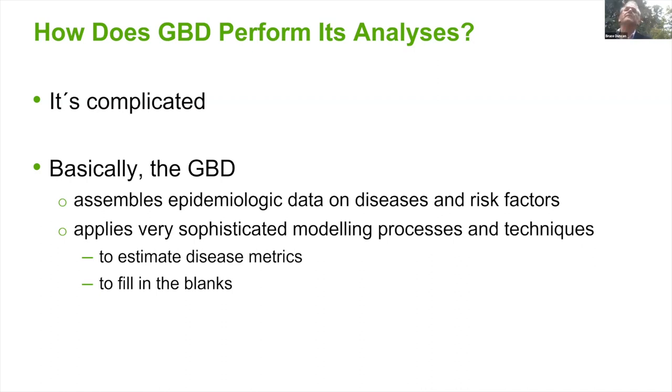But basically, the GBD assembles epidemiologic descriptive data about diseases and risk factors from around the world. It does systematic reviews going for prevalence, incidence, mortality, excess risk or relative risk of given diseases and risk factors for outcomes, and then puts all this into their computers and applies very sophisticated modeling processes and techniques with the objective of estimating basic disease metrics or indicators, and to fill in the blanks.